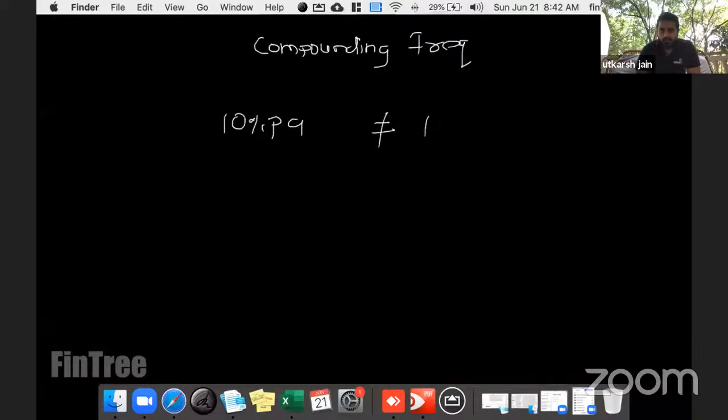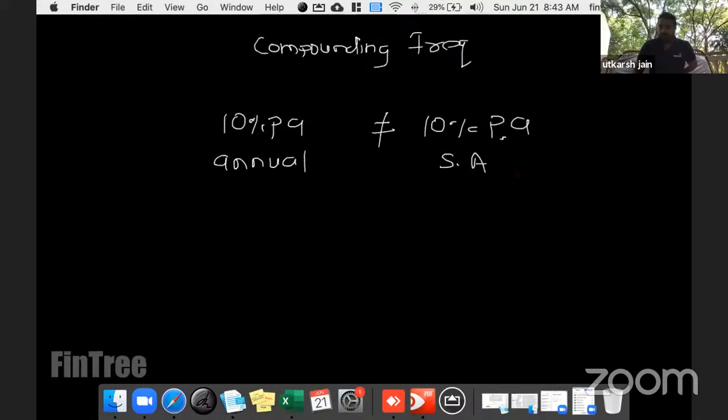is not equal to 10% return per annum if their compounding frequency is different, which means 10% annual and 10% semi-annual are completely different rates. They're going to produce different amounts in the future.